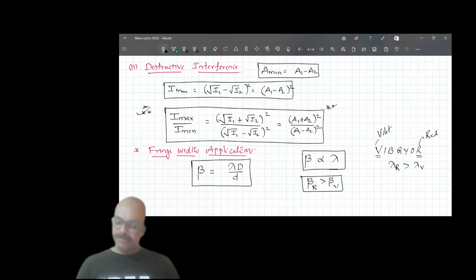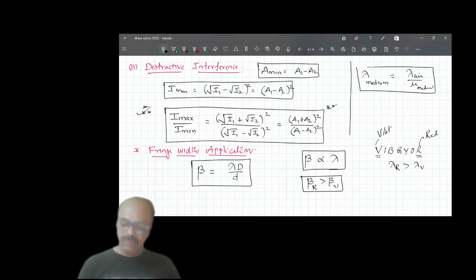Okay. And similarly, we know the definition of wavelength in a medium. Wavelength in medium equals wavelength in air by refractive index of the medium. Now, that phenomenon we can use here.